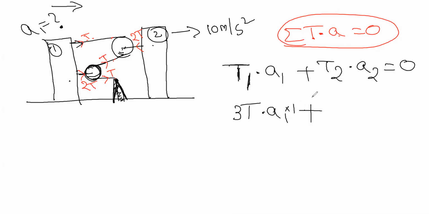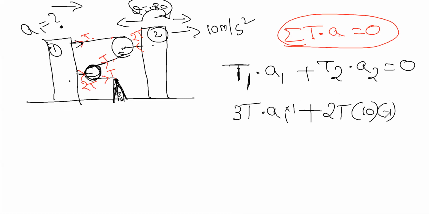Now what is T2? 2T into 10 dot product. See the direction: 2T is on the left side, acceleration on the right side. So theta is 180, and a negative sign will come. That is minus 2T into 10, otherwise just keep 10 as it is.